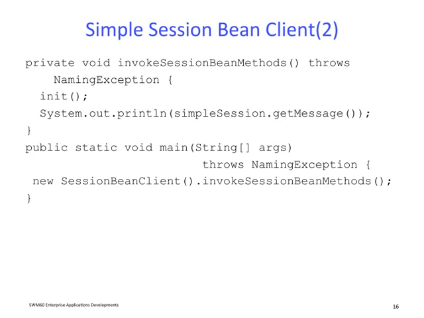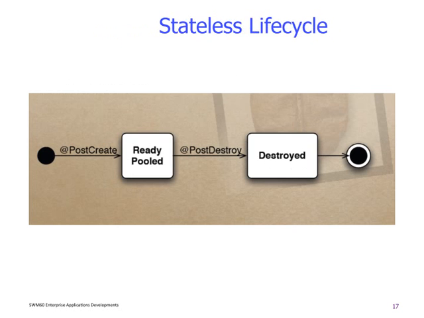You don't need a separate invoke session bean method. You can just invoke that within the main method itself. It's just how you develop it, so it's no big deal. So that was an example of a stateless EJB.